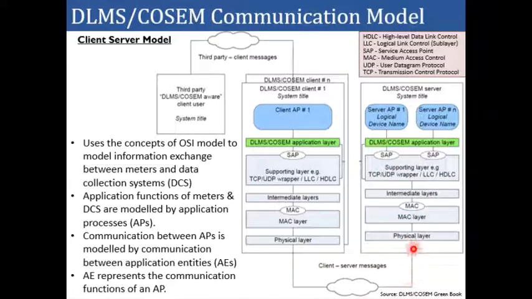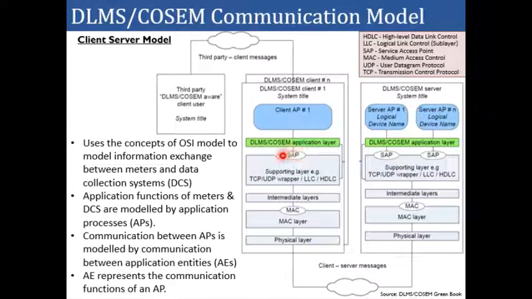From the physical layer it is converted into signals which are communicated over the network to the client, and then at the client level the data is again processed from physical to MAC layer and then the TCP/UDP layer or maybe the SDLC layer. These SDLC and TCP related models we will discuss in the next few slides.